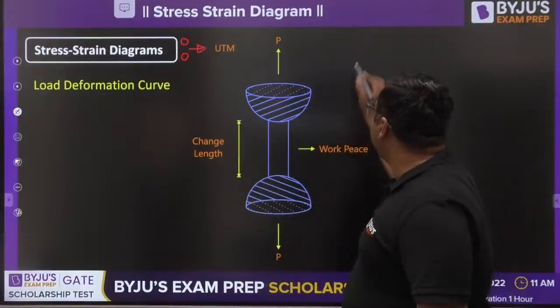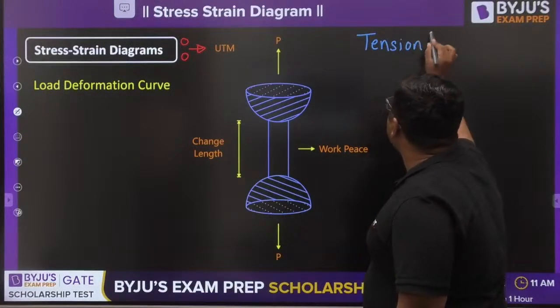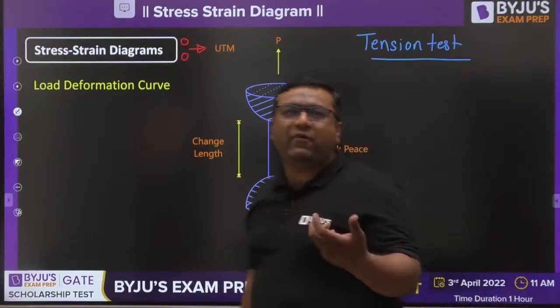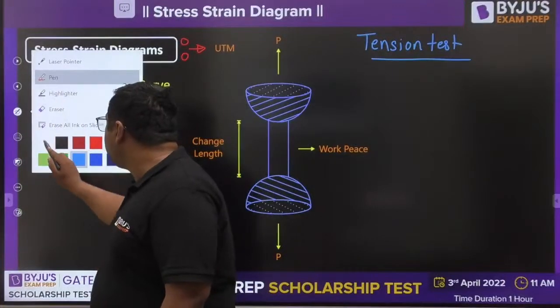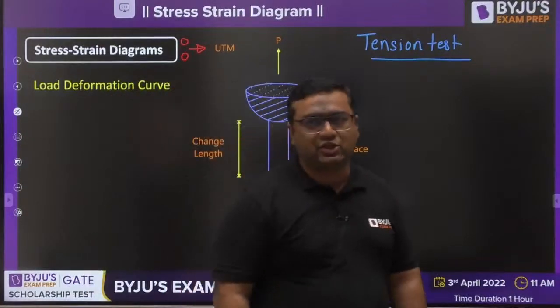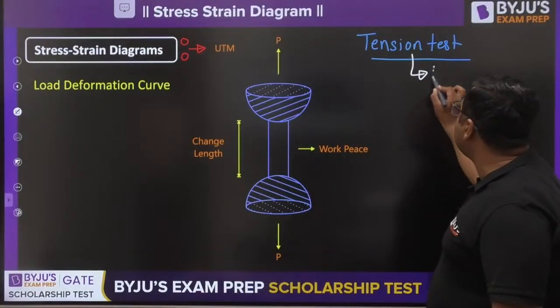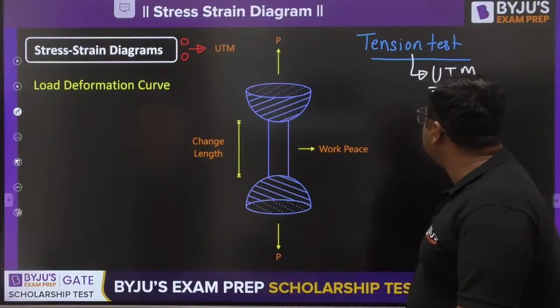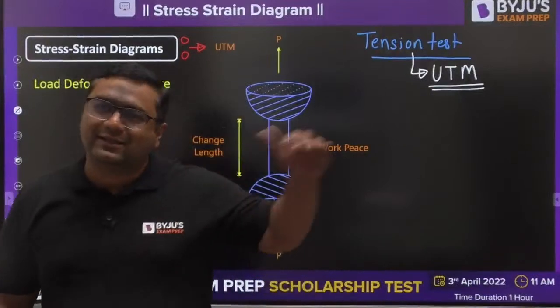You might have seen this name, tension test, and you must have seen this test being performed in the labs of strength of material on a machine called the universal testing machine. Tension test is generally performed on a special machine known as UTM. I would be showing you the picture of how the test is performed. Basically, UTM is universal testing machine.